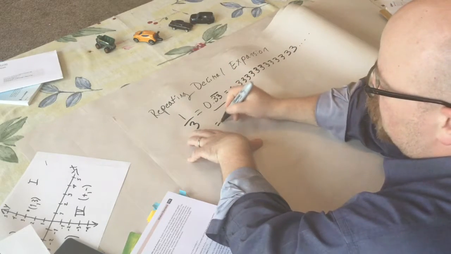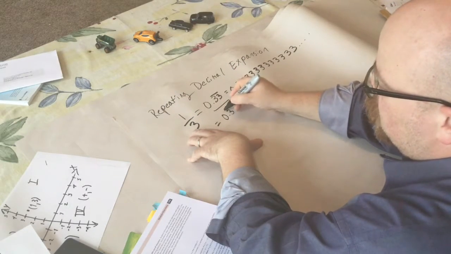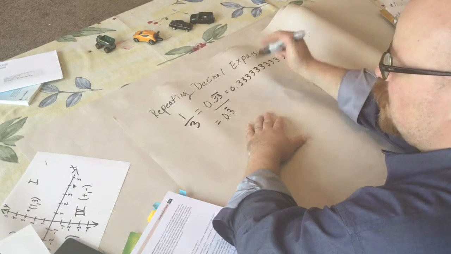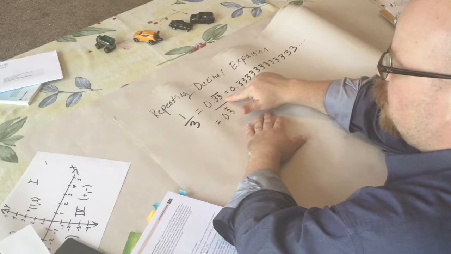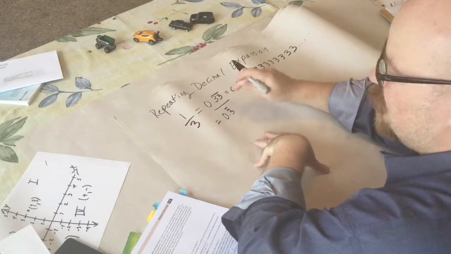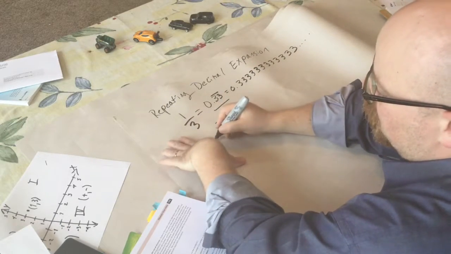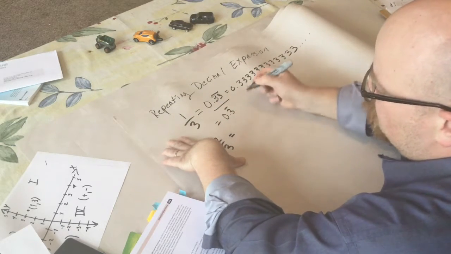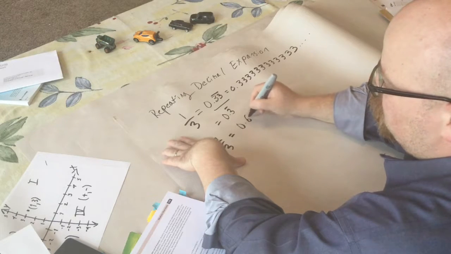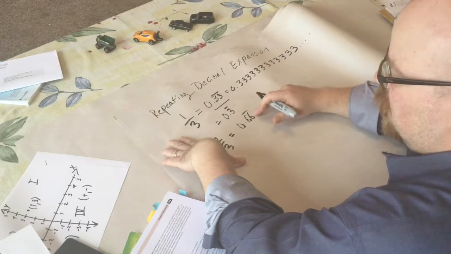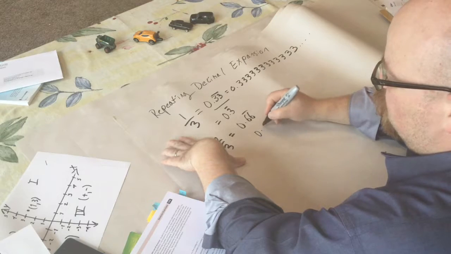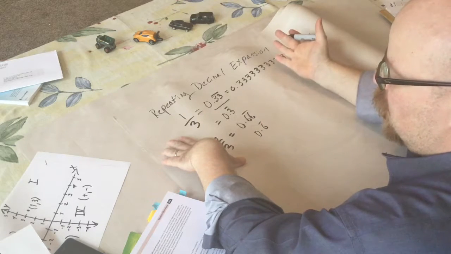So it would be correct to say 0.3 repeating, but for some reason with 0.33 and 0.66, so 1/3 and 2/3, they're frequently written as 0.33 repeating and 0.66 repeating instead of 0.3 repeating and 0.6 repeating.